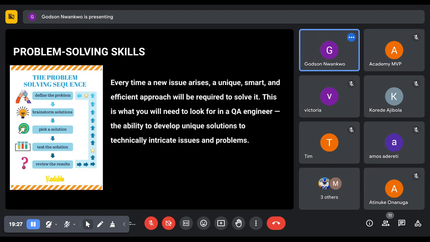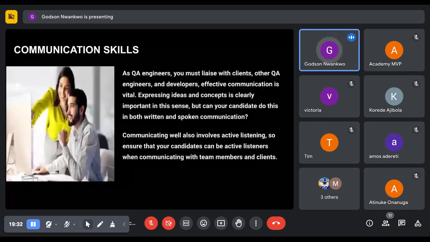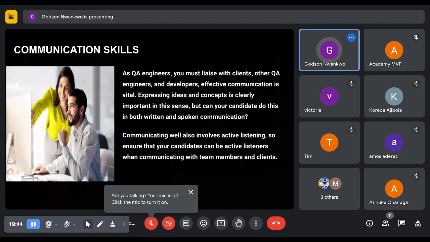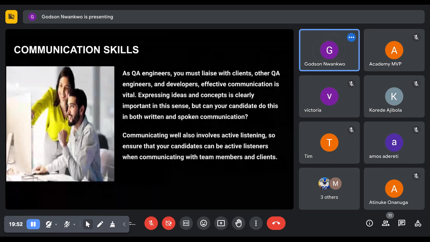So as a QA engineer, one of the skills to look out for is the communication skill. He or she has to know how to communicate with other stakeholders in the team, regardless of anything. At least you have to escalate the issue.